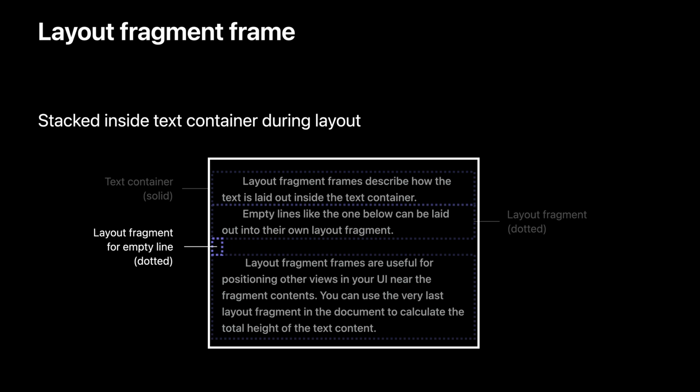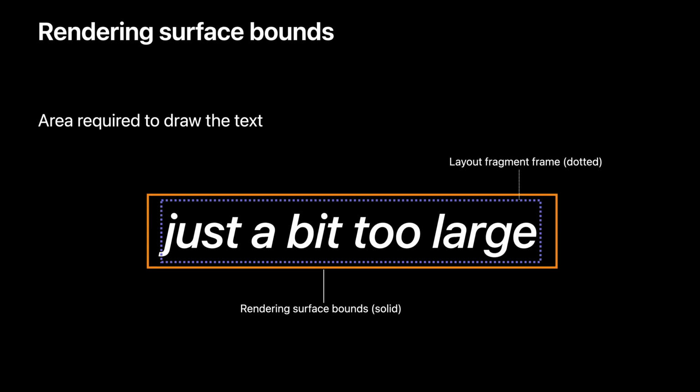Now, this frame does not accurately represent the space needed to draw the text itself. That information comes from the third property. The rendering surface bounds describes the area required to draw the text. This is the rectangle you want to use to get the size of the text in the view's coordinate space. And this is different from the layout fragment frame because the text can overshoot the edges of the fragment frame.